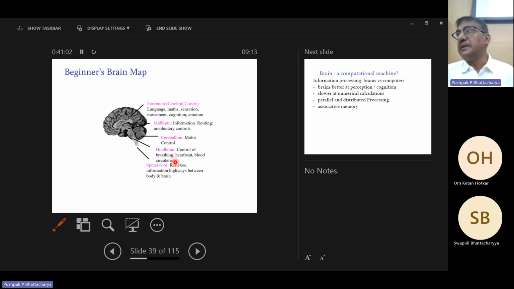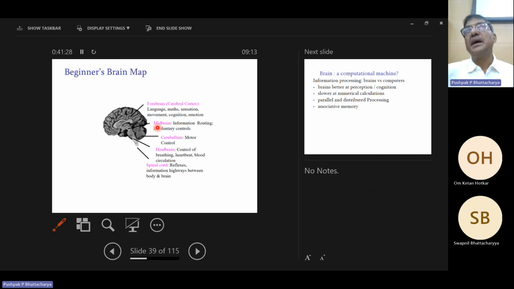I don't know if you've heard of a phrase called brain-gut axis. There is a direct connection between the brain and our digestive system, or a direct connection between the nervous system and the digestive system. That's why they affect each other. When we are anxious, afraid, angry, and so on, these emotions interfere with our digestive operations.